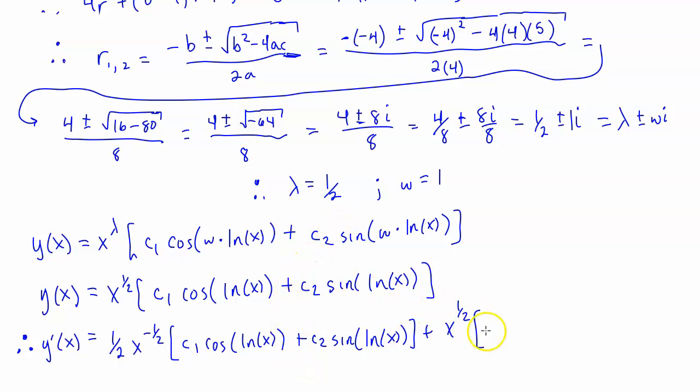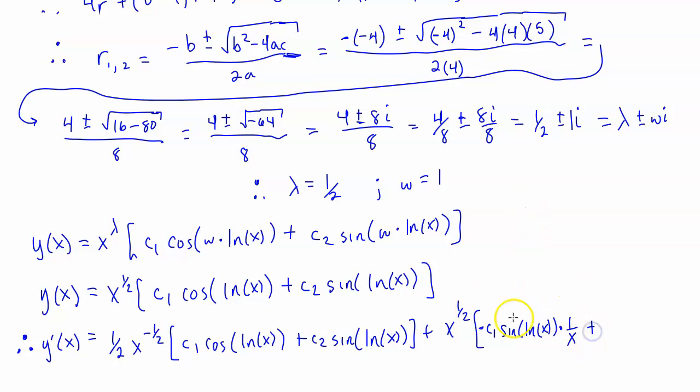So of course, we will have c1, and the derivative of cosine is minus sine. And then of course, the derivative of the inside function here is 1/x.